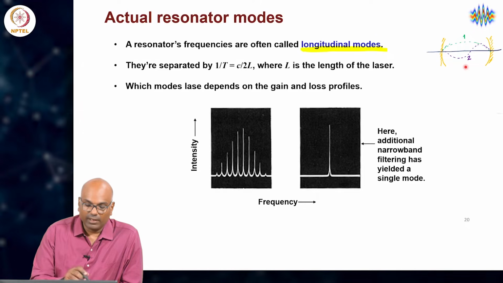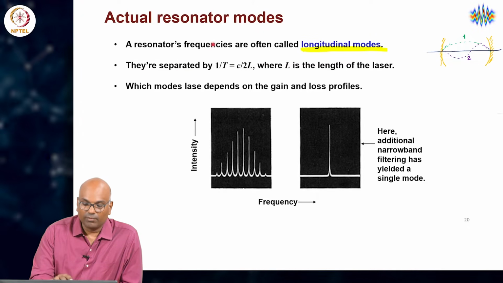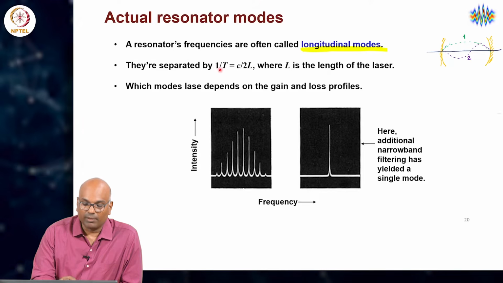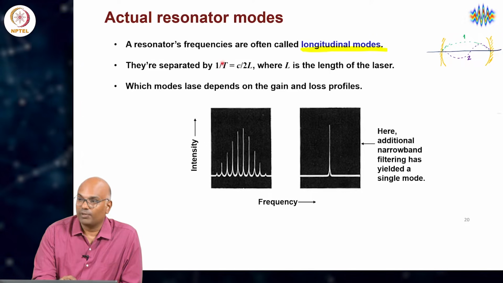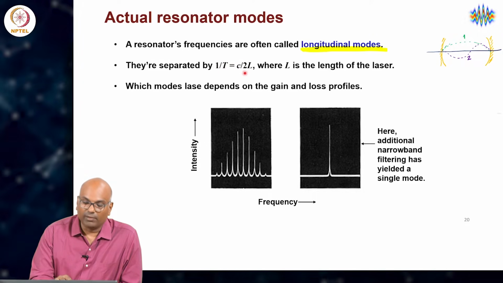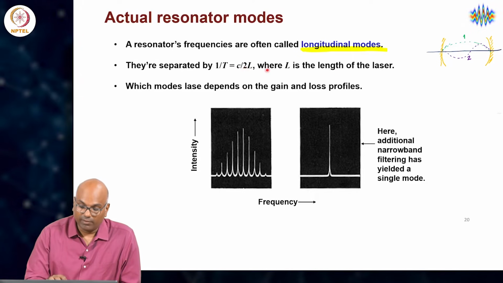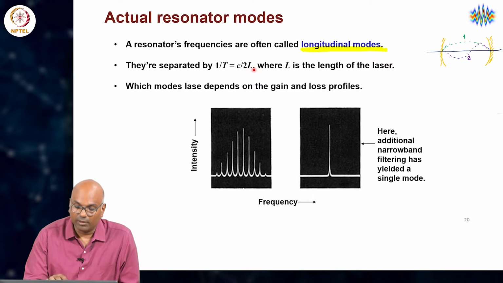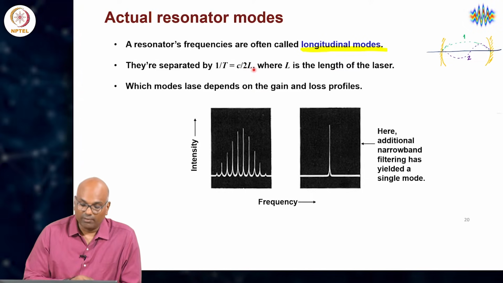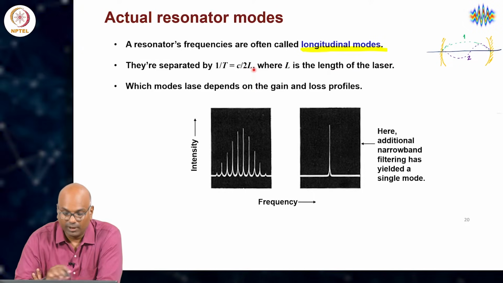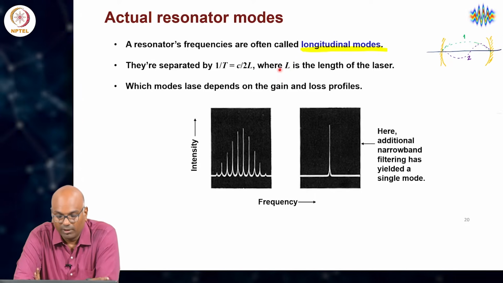So, what did we say? Now that these frequencies are separated by 1 over T, the round trip time of the cavity, which is C divided by twice the cavity length. Okay, if L is the length of a laser, now L is not the round trip length. I have taken the liberty of using the same variable.